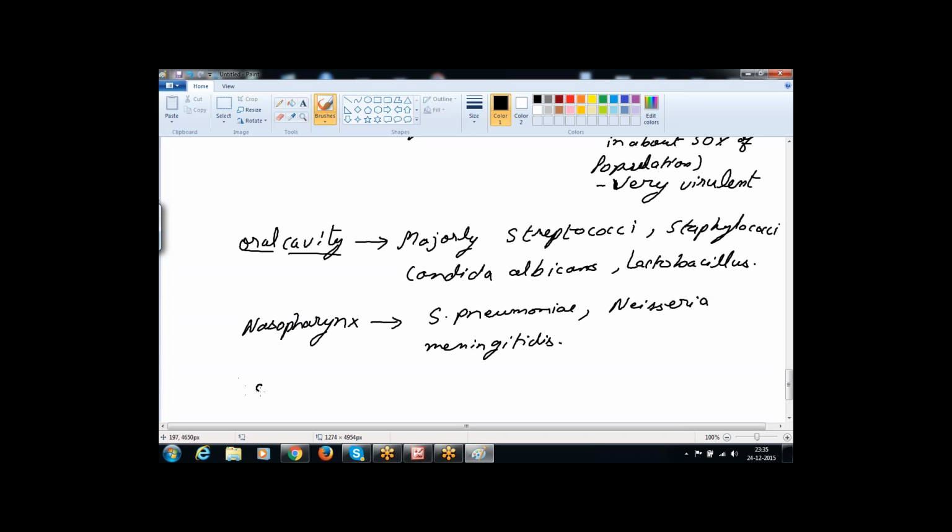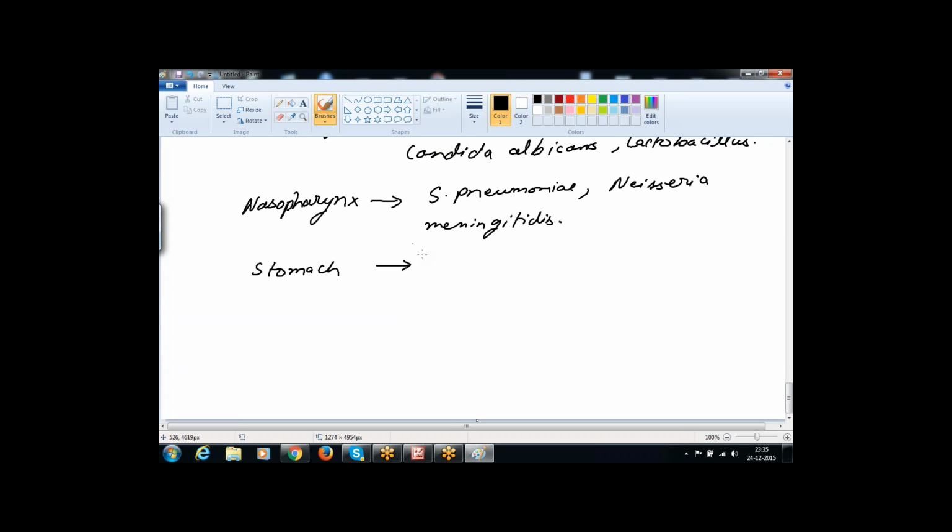Then stomach, it is sterile because it is very acidic. No bacteria can survive in such a strong acid. So stomach has no bacteria. Small intestine also has very little, so it is also majorly sterile, very little bacteria.